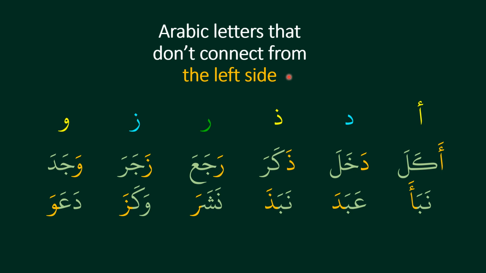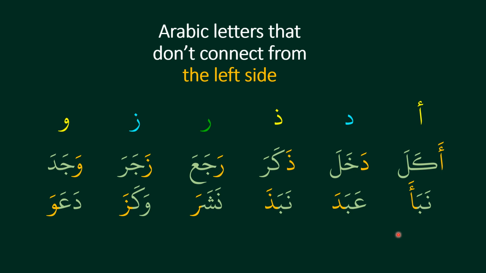Let's say this is Alif. Any letters that appear on the left side will not be connected. The same for Dhal, Zal and Ra. Any letters that appear on the left will not be connected. And so for Zay as well as for Waw.